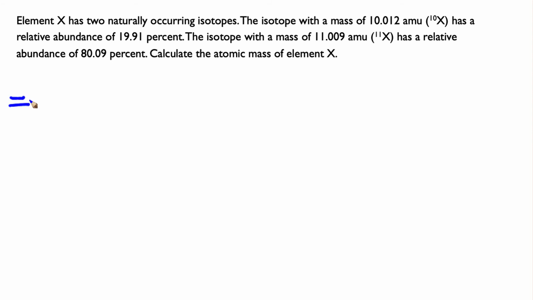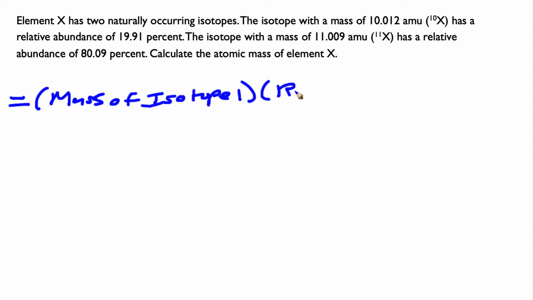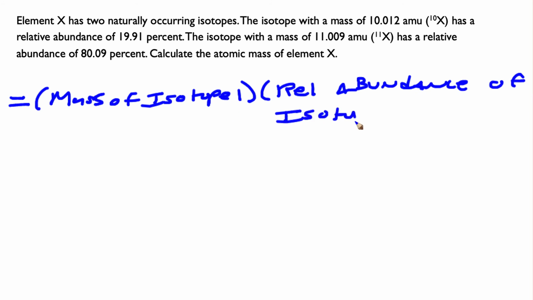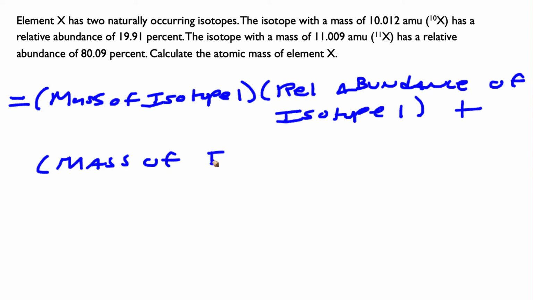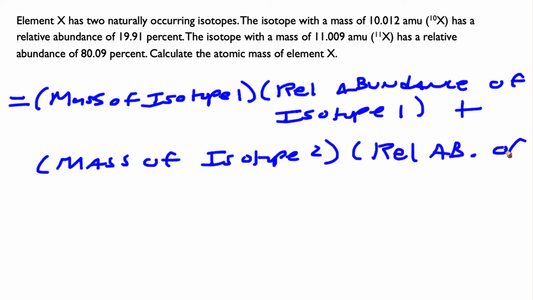So it equals the mass of isotope 1 multiplied by the relative abundance of isotope 1, plus the mass of isotope 2 times the relative abundance of isotope 2.